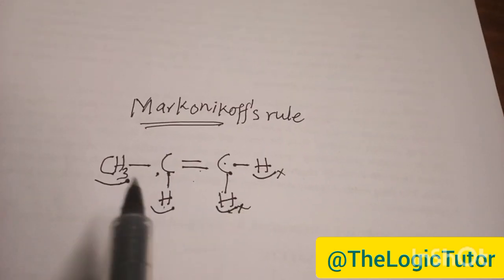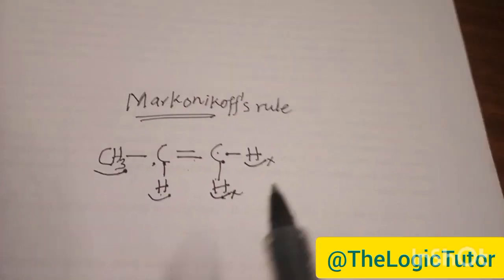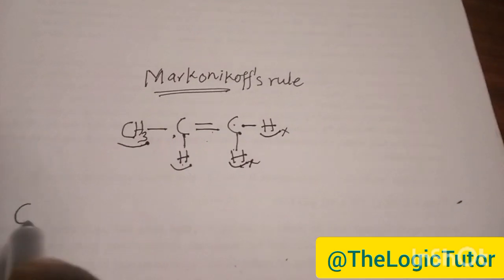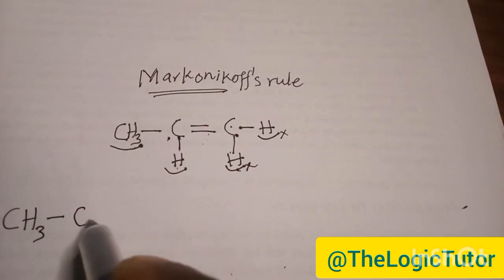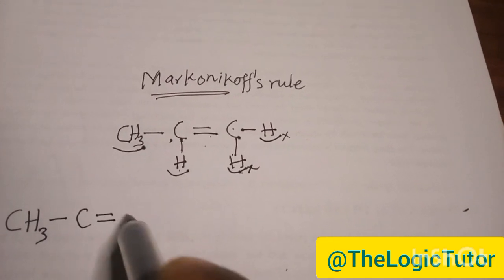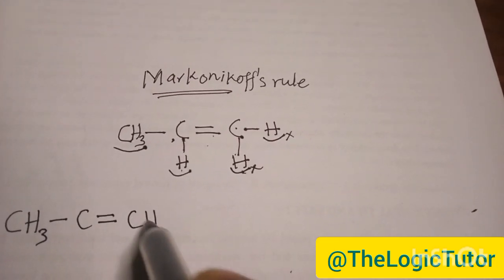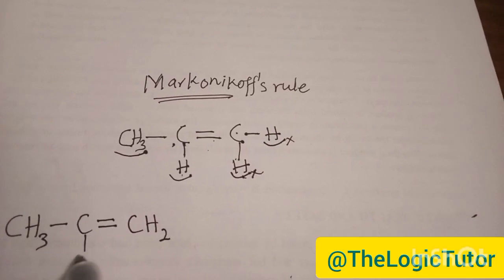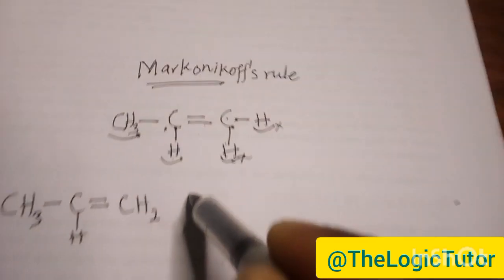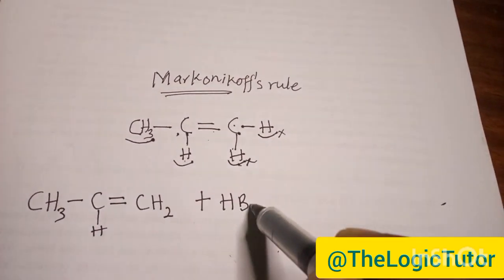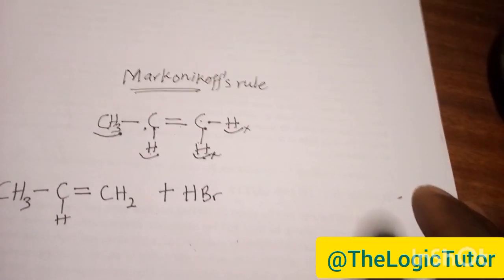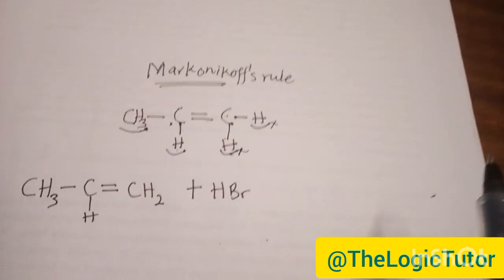So let's take a look at the reaction between HBr, that is hydrogen bromide, and this particular compound. We have CH2 and this is hydrogen here. So we are expecting an addition reaction to occur.